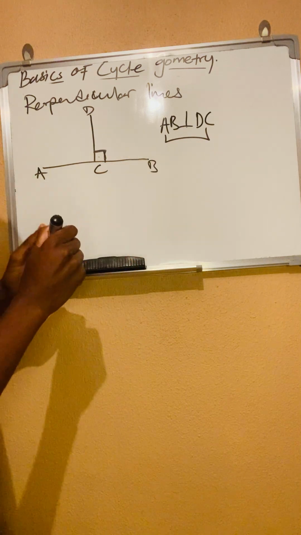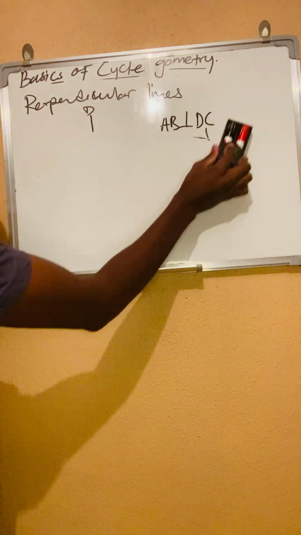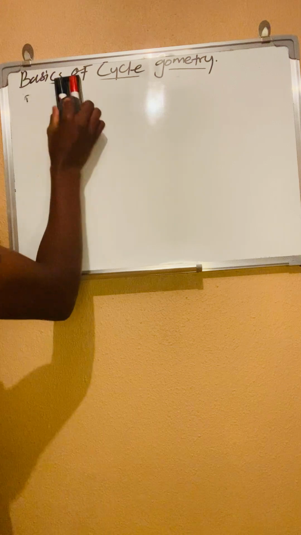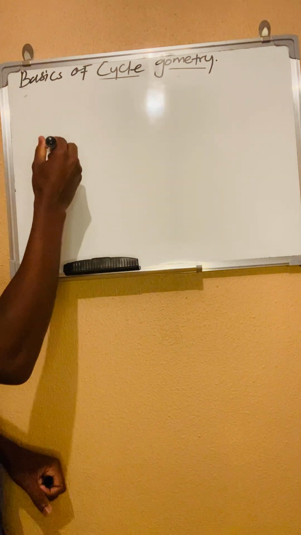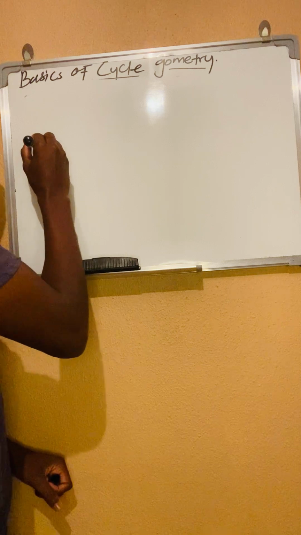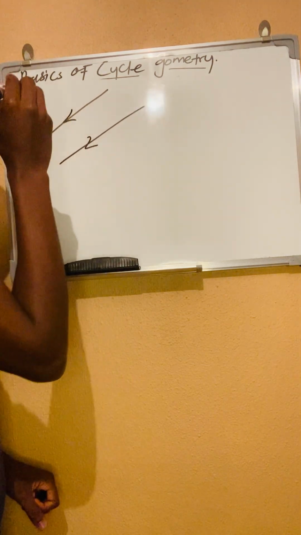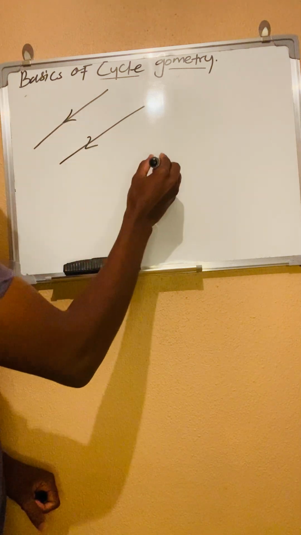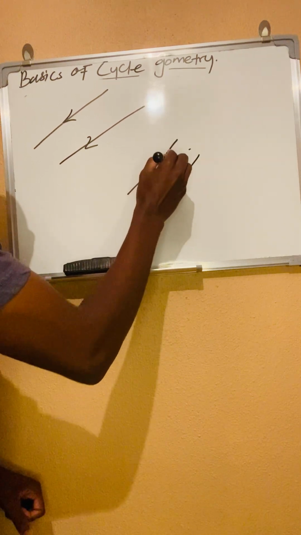So now, again, we have parallel lines. What are parallel lines? We are talking about two lines that will never meet, symbolized by those arrows. They can also be symbolized by two arrows.